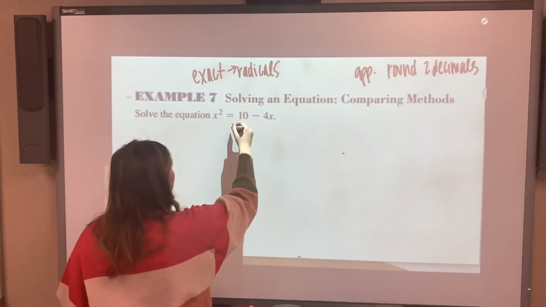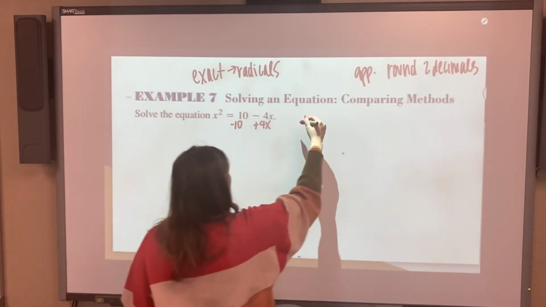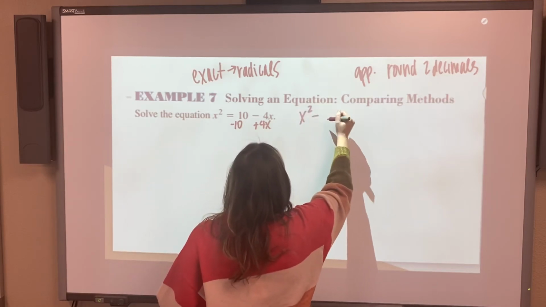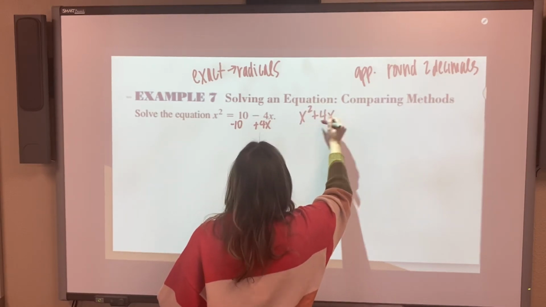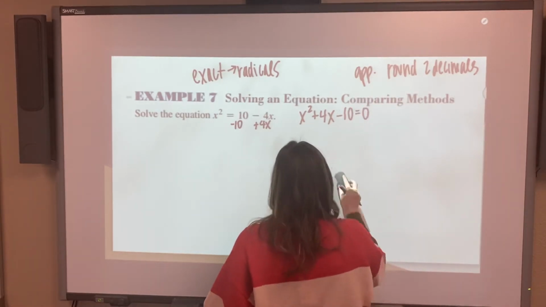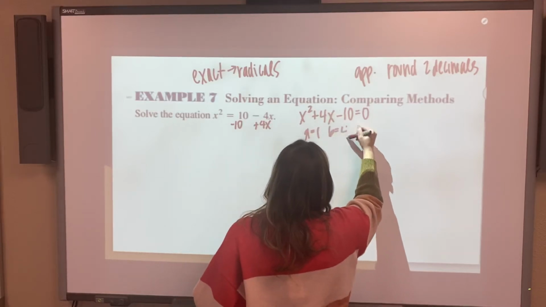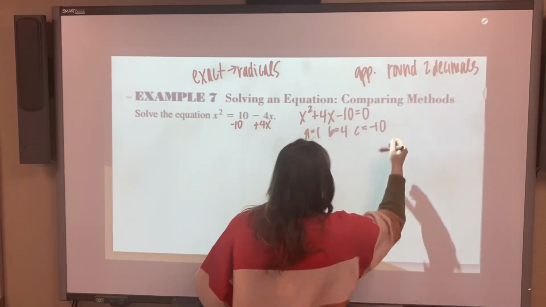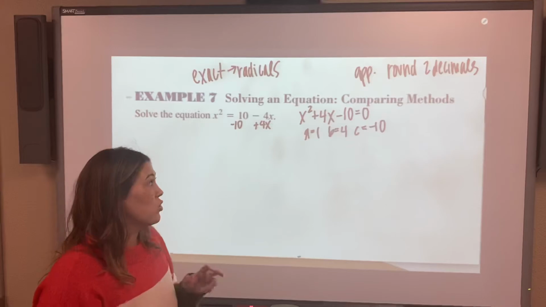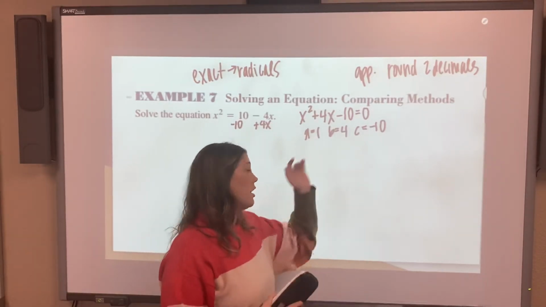So I'm going to subtract 10 and I'm gonna add 4x. Okay, so this would be the same thing as x squared plus 4x, minus 10 is equal to 0, okay? So now we know A is 1, B is 4, and C is negative 10, okay? We can't factor this because there's no 2 factors of 10 that have the addition or subtraction of 4.